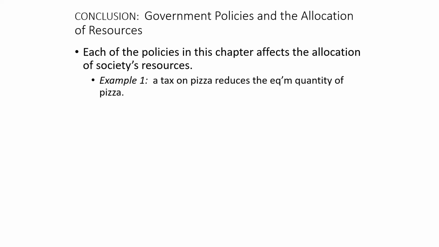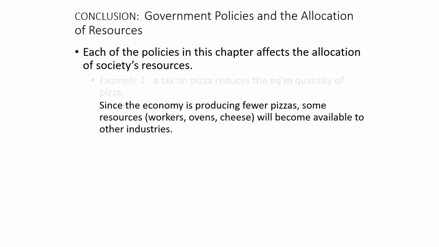In the first example, a tax on pizza reduces the equilibrium quantity of pizza, and resource allocation suffers because now the suppliers will allocate fewer resources to the production of pizza. Since the economy is producing fewer pizzas, some resources such as workers, ovens and cheese will become available to other industries, and there will be an excess supply over there.